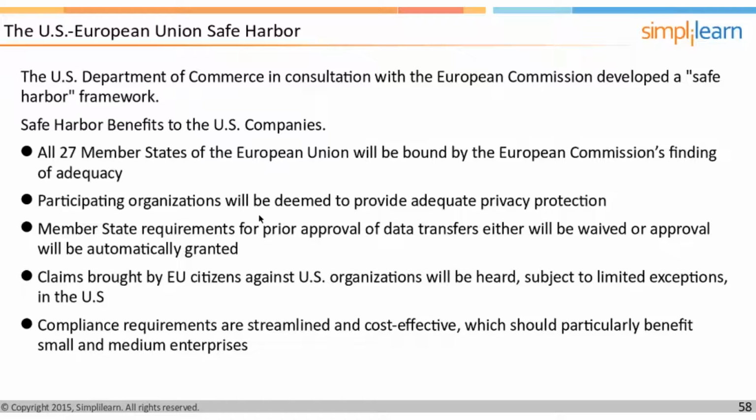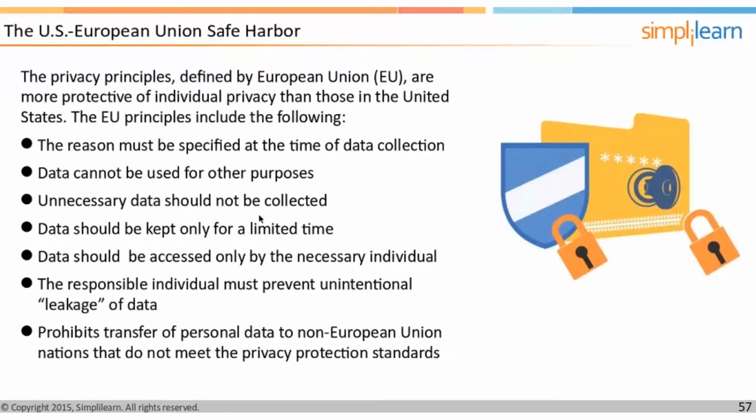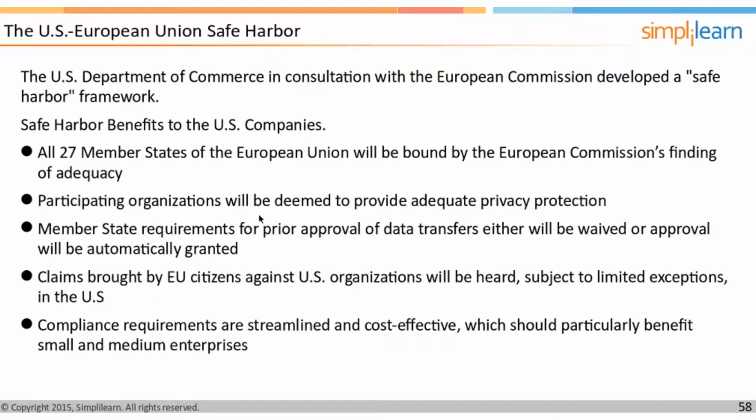So it was very easy. All those restrictions, the last line, become redundant in this case, right? And if there were any claims against the U.S. organization, they would be heard, subject to limited exceptions, in the U.S. only. All right. So this made a lot of things easy for them to do business.